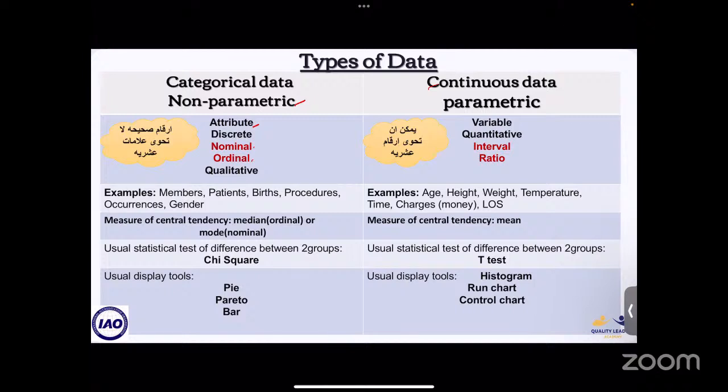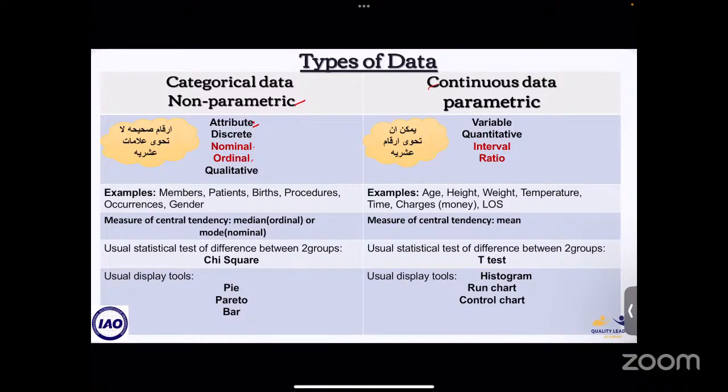The non-parametric data, or categorical data, is qualitative in nature, meaning it describes attributes, as I've mentioned: the qualities, characteristics, or classifications. So it can be verbal, numeric, or descriptive.